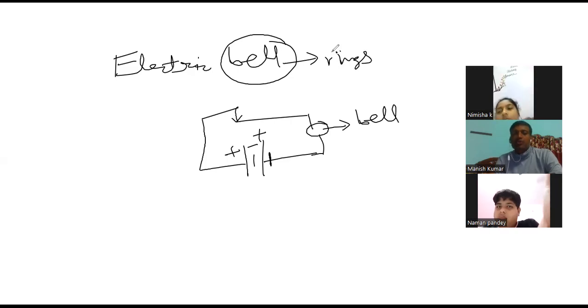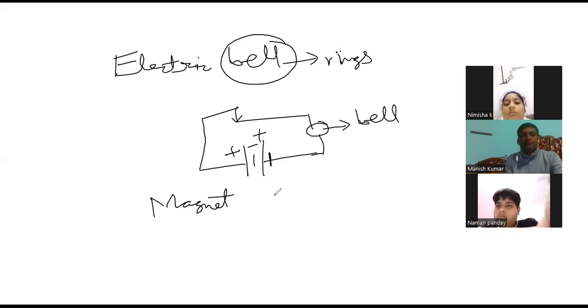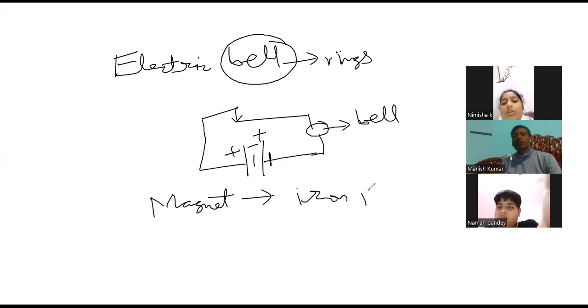It is also useful because if it is acting as a magnet, then what can the magnet do? It can attract magnetic particles or iron particles, isn't it? Iron particles can be attracted.